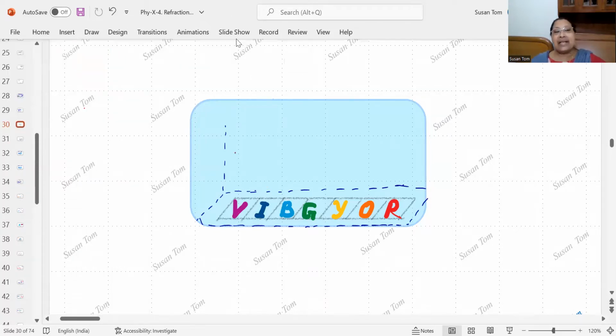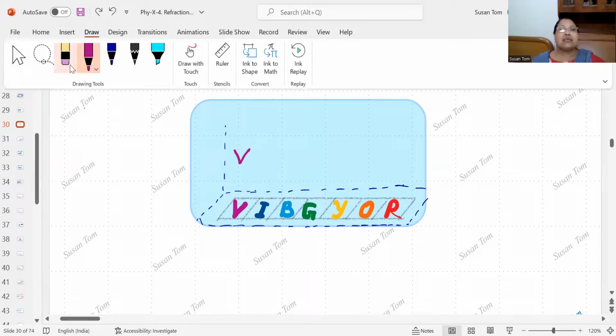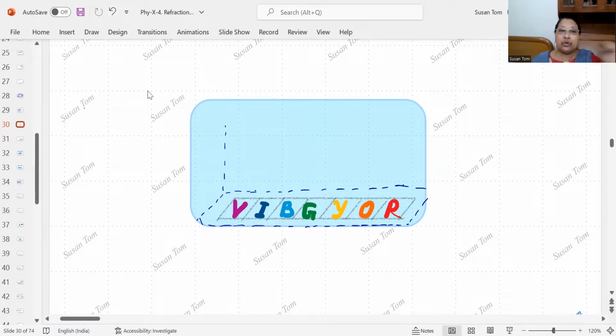Suppose violet color is seen shifted this much. The red will be seen less shifted. Violet will have the shift more because the mu for violet is more. More the refractive index, more is the shift. We studied this already, yes or no?